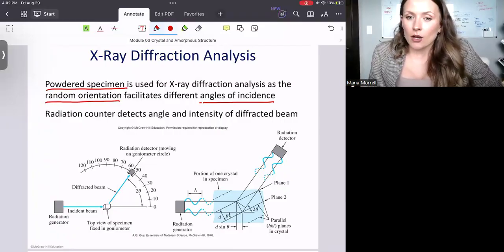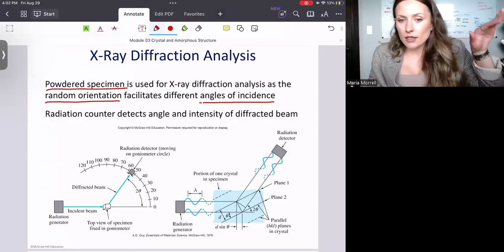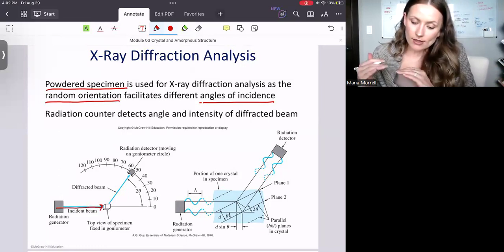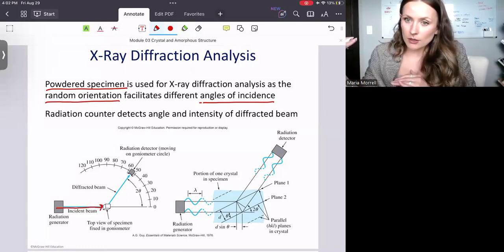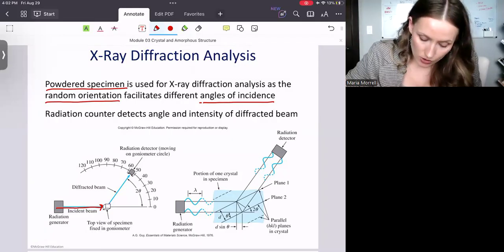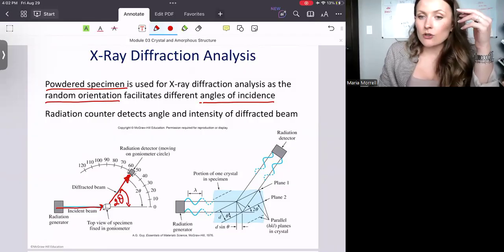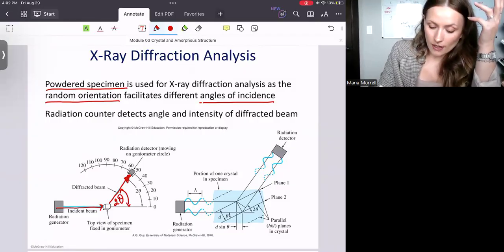Once you have a radiation generator, you have this incident beam, and once the reflection happens, you can actually measure. This is going to be your diffracted beam, and you can measure this angle, which is usually 2 theta, so to find theta you have to divide it by 2. You can also measure the intensity of this diffracted beam, the guy right here.